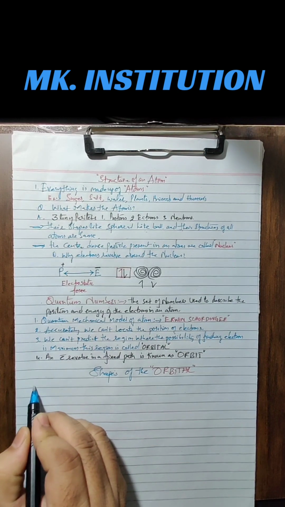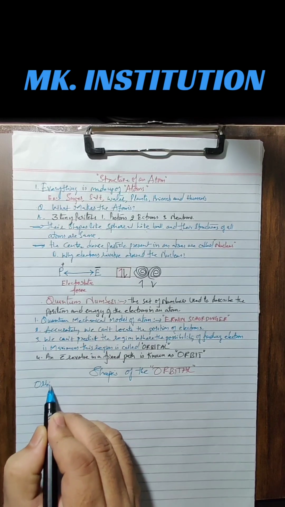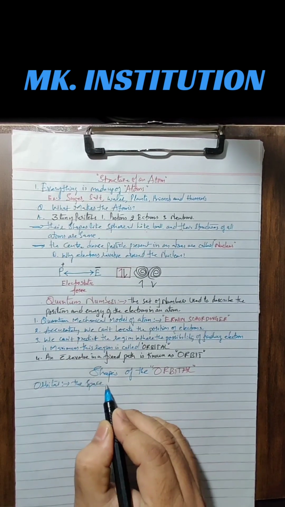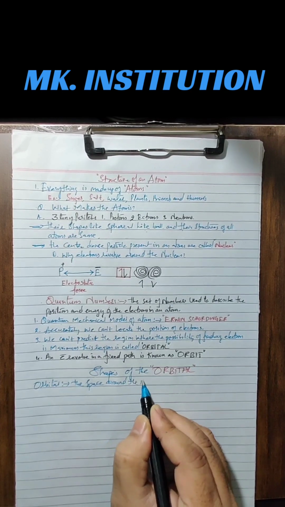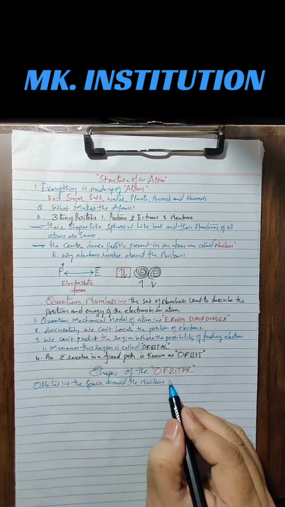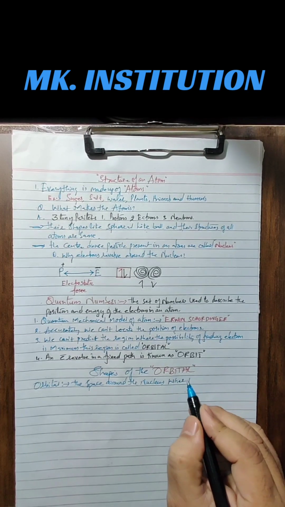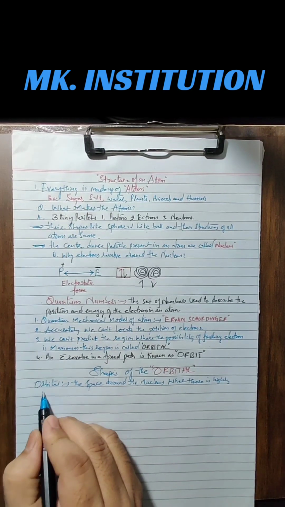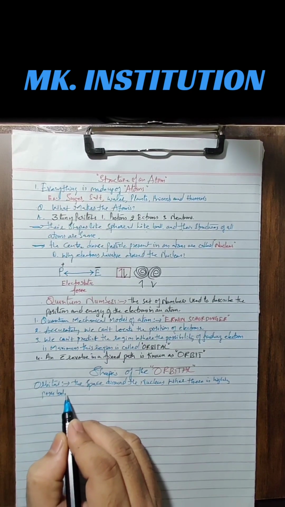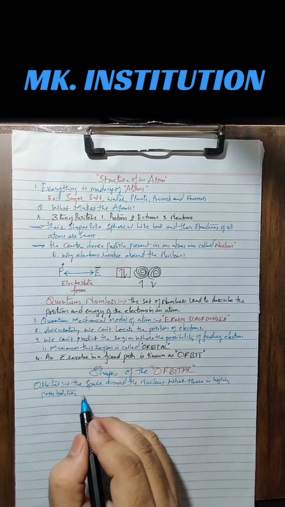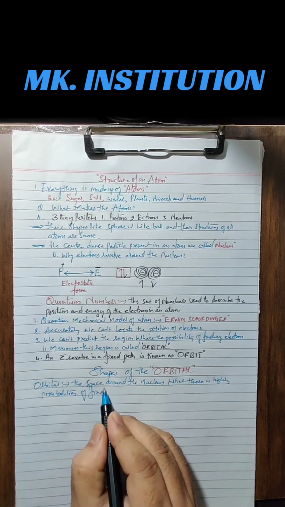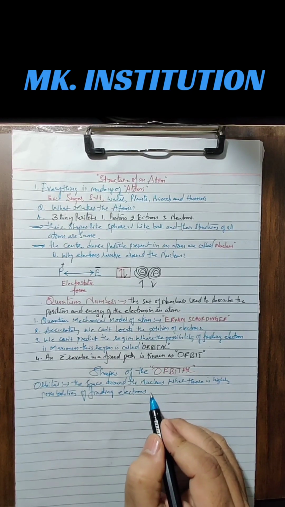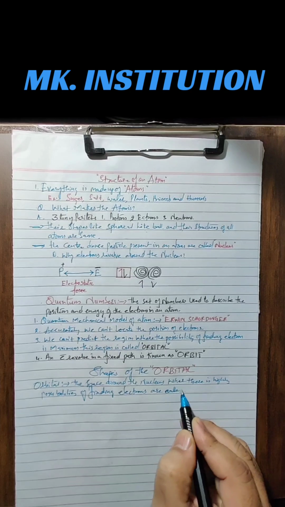First, what does orbital mean? Orbital means the space around the nucleus where there is a high possibility of finding electrons, and it is called an orbital.